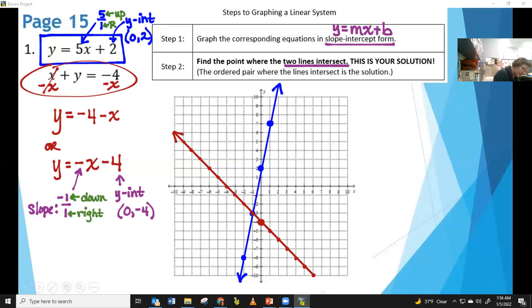Okay, let's go. What is the solution for this graph, for this system of linear equations? What is the solution? I'm looking for an ordered pair. Close, that's part of it. Remember when we write an ordered pair?